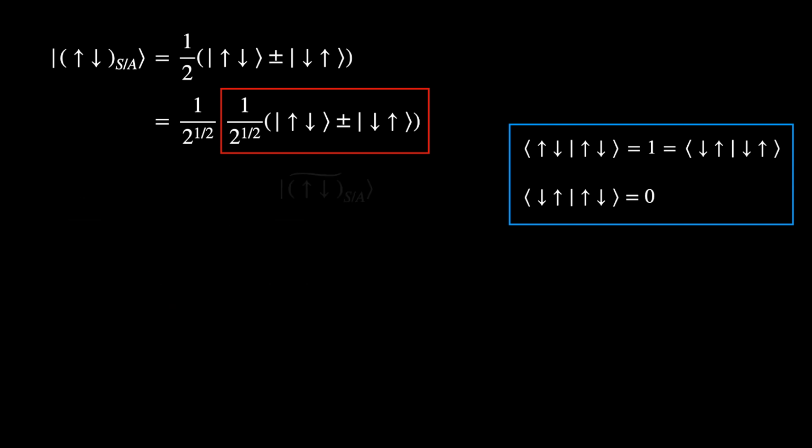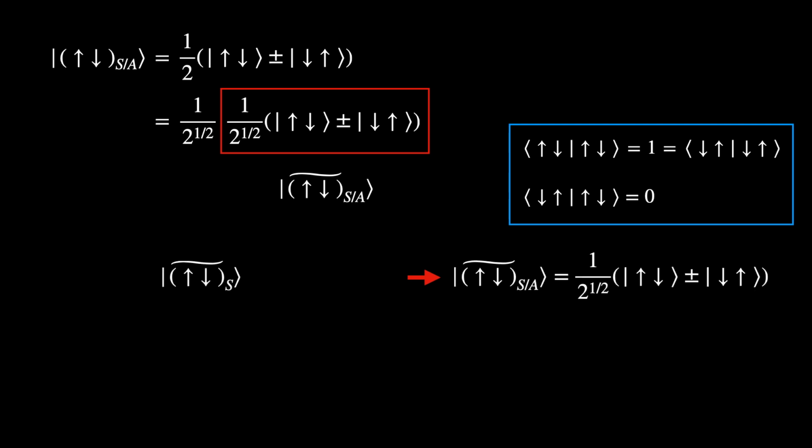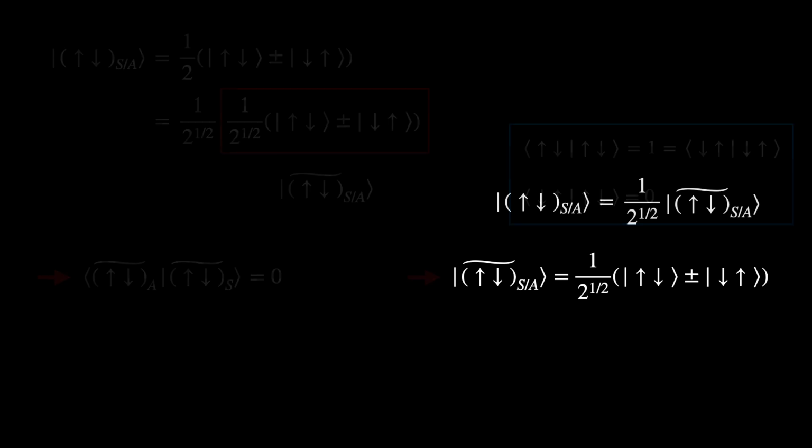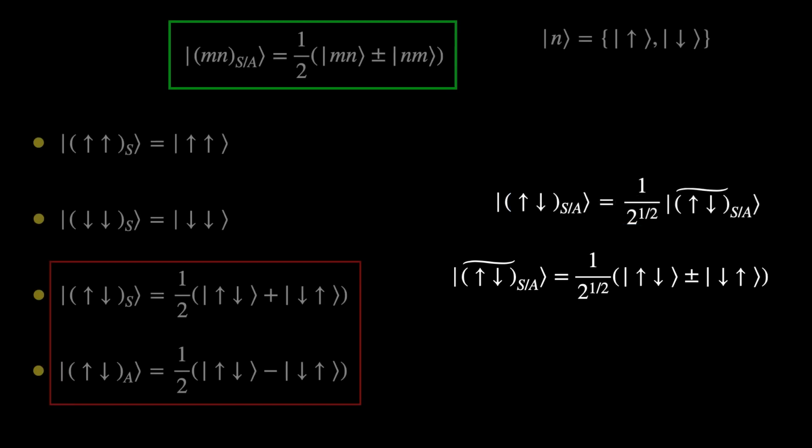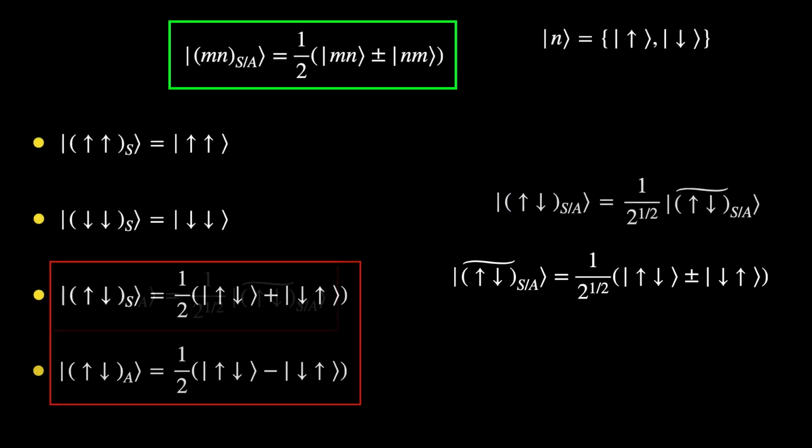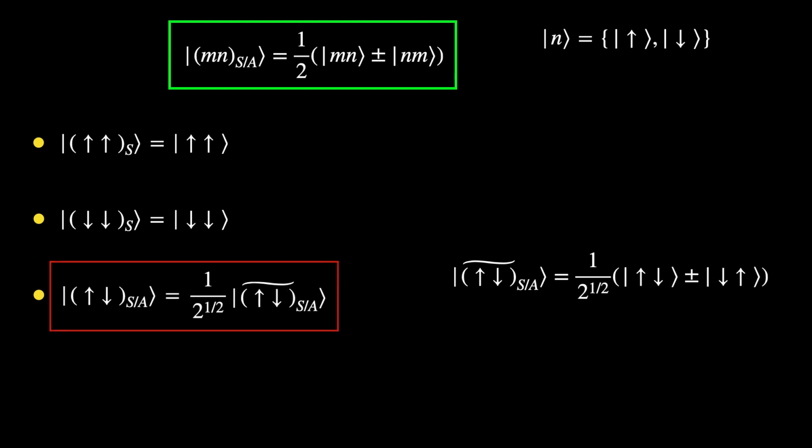Let's denote these normalized states by a tilde. The symmetric and anti-symmetric states are also orthogonal to each other. This is clear from their definitions. Thus we now have an orthonormal basis with states of definite symmetries, or parity under particle exchange.